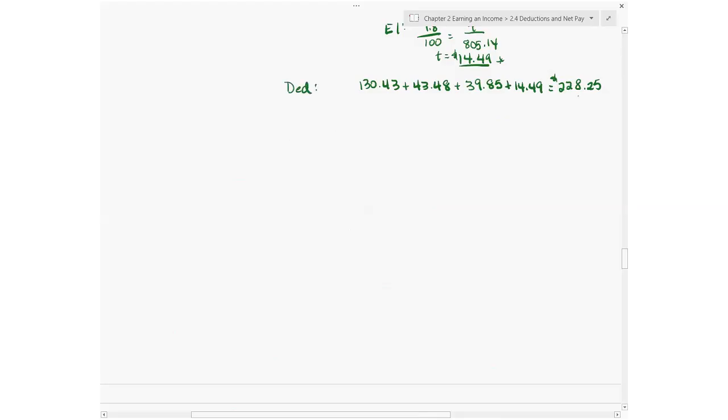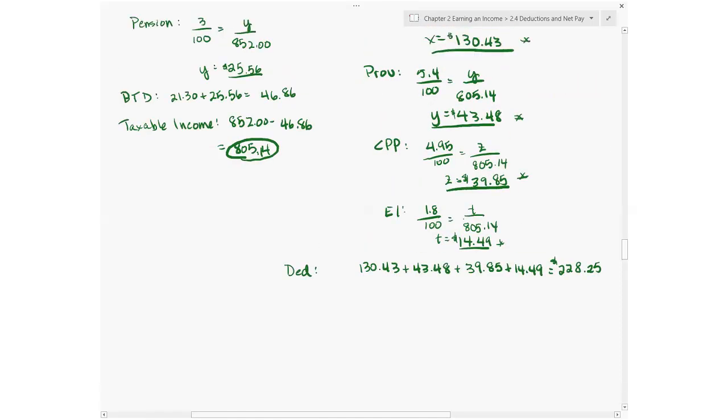Okay, so this $228.25 has to come off of the 805.14. Because remember, we had the 852, we subtracted the before tax deductions. So we subtracted the 46.86, we got 805.14. That's his taxable income. We figured out all of his other deductions based on his taxable income. Now we've got to subtract those off of his taxable income.